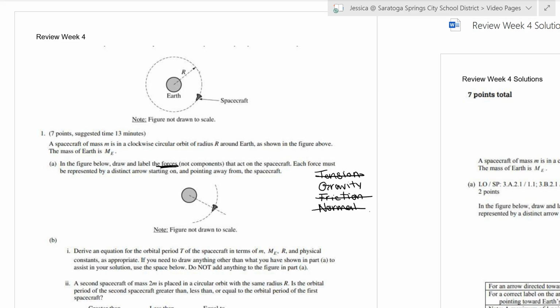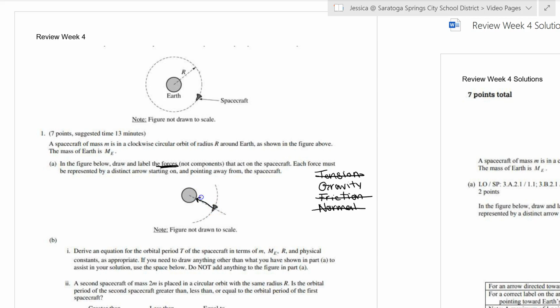Gravity is an attractive force, meaning it's going to pull the two objects together, or in this case, pull the spaceship in a circle. So we're drawing the force of gravity on the spaceship from Earth.